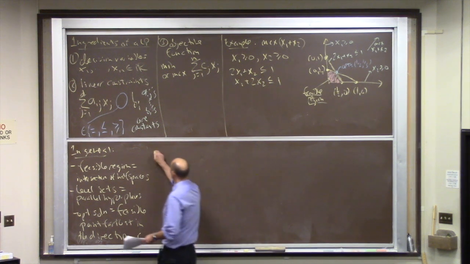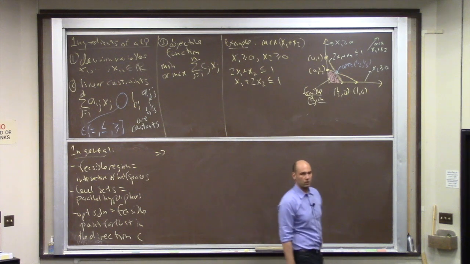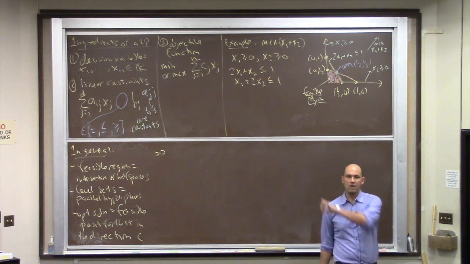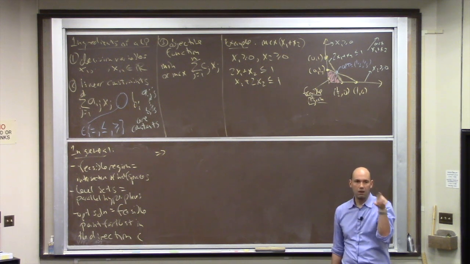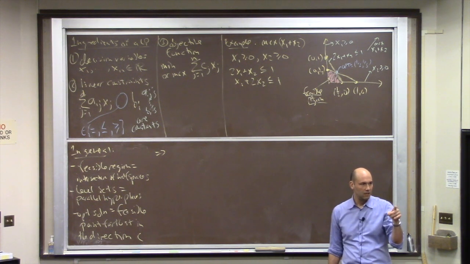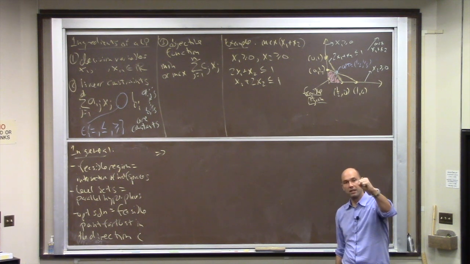So another piece of intuition we get from the figure, which holds more generally, so notice where the optimal solution was. It wasn't somewhere in the middle of the feasible region. It wasn't even in the middle of an edge. It was at one of the corners of the polygon.